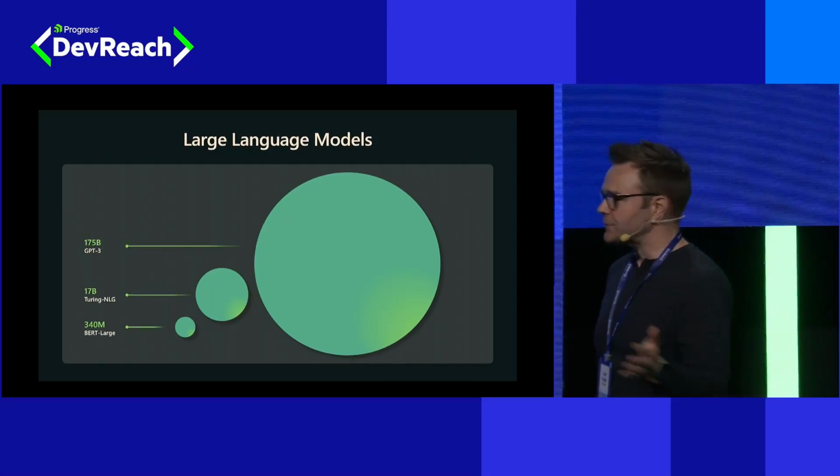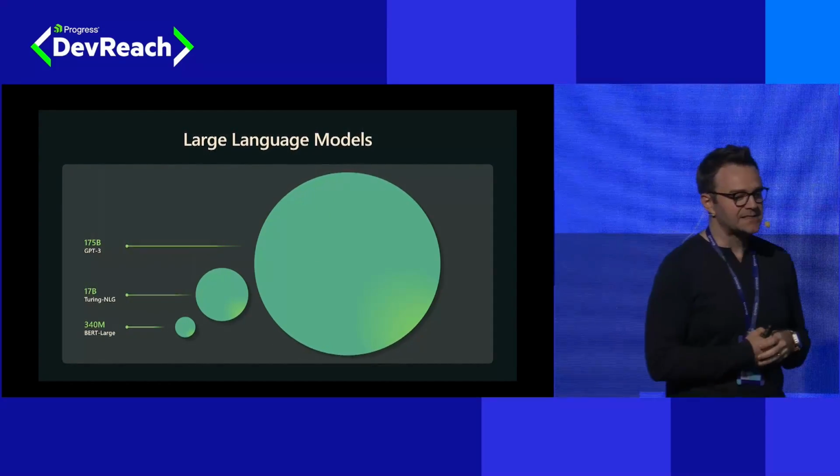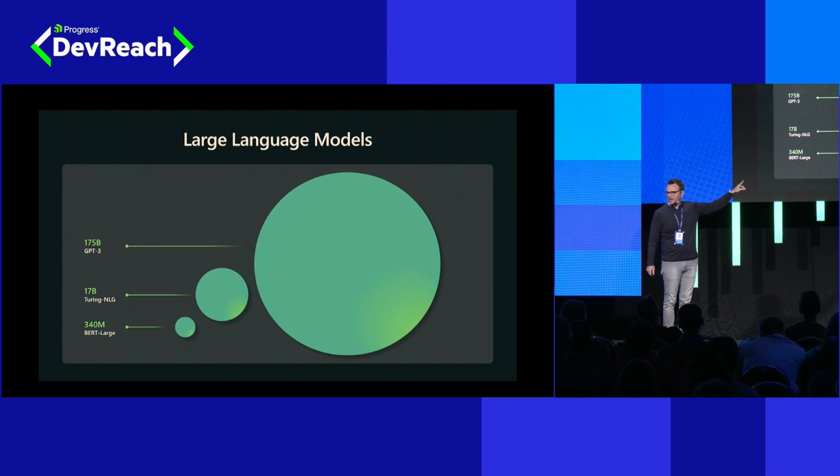And fast forward just a few years later, GPT-3, which is not even the latest version, it's now operating on 175 billion parameters. That's a significant change. And I don't do math well, but that's a much bigger number, I can tell that.